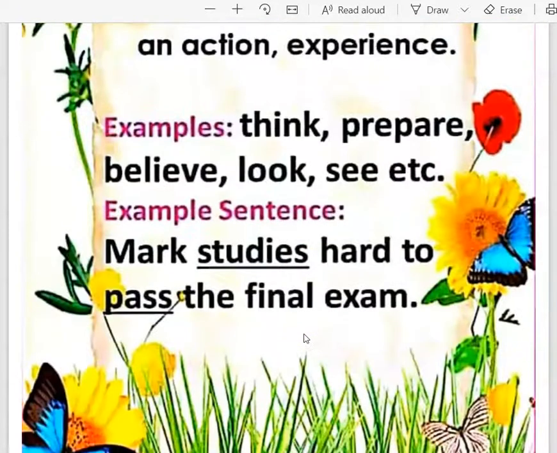For example, let us frame a sentence. Mark studies hard to pass in the final exam. So, what is the action he is doing? He is studying. And for what he is studying? He is studying to pass in the exam.